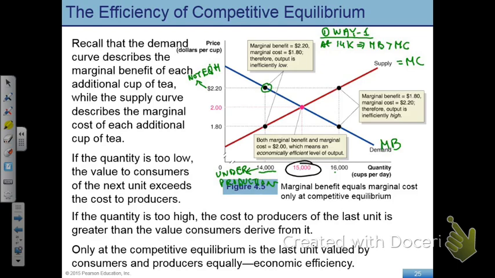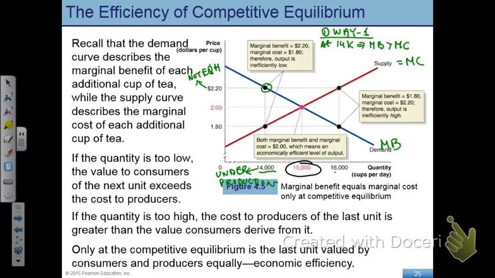As a result, this is under production, so production should be increased. That's the kind of signal this 14,000 level of output is going to send to our producers. When producers look at the 14,000 units they are producing and compare marginal benefit and marginal cost, they realize that if they produce more, consumers will buy more because they are willing to pay higher than what the producers are willing to charge. Do we all see that?